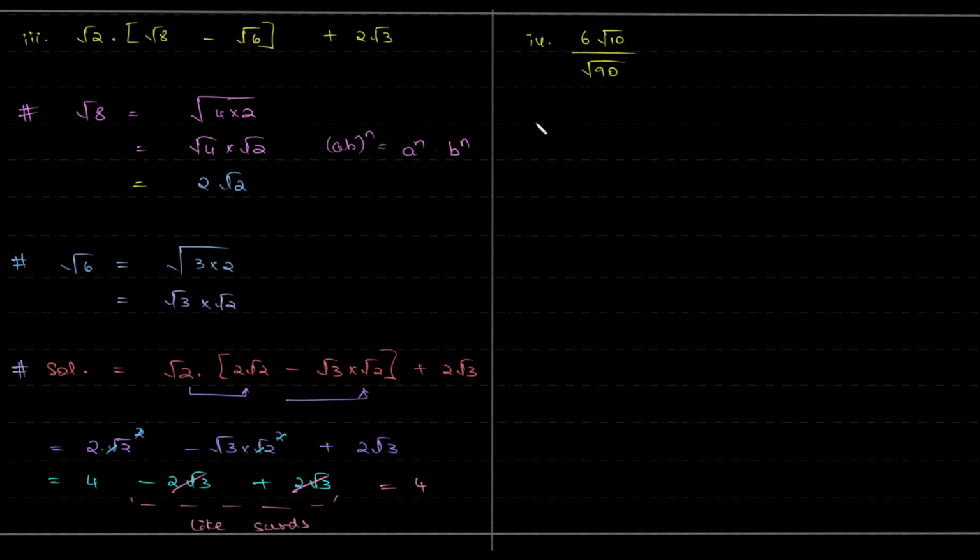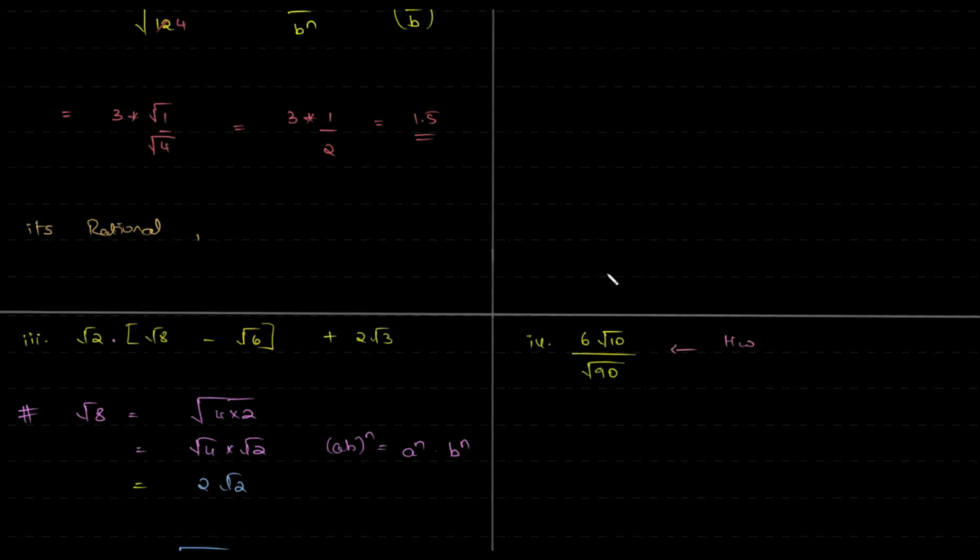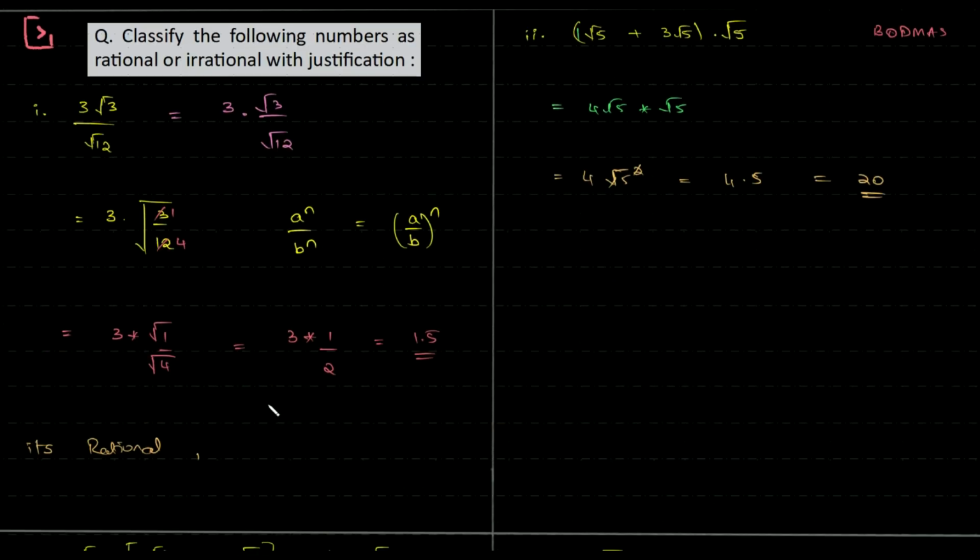Similarly, we have a last question. I'm thinking of changing it though. It's similar to the first one. Okay, that can be your homework. So this 2 is what? This 2 is rational. All of these are rational because they don't have any irrational number multiplying or dividing them.